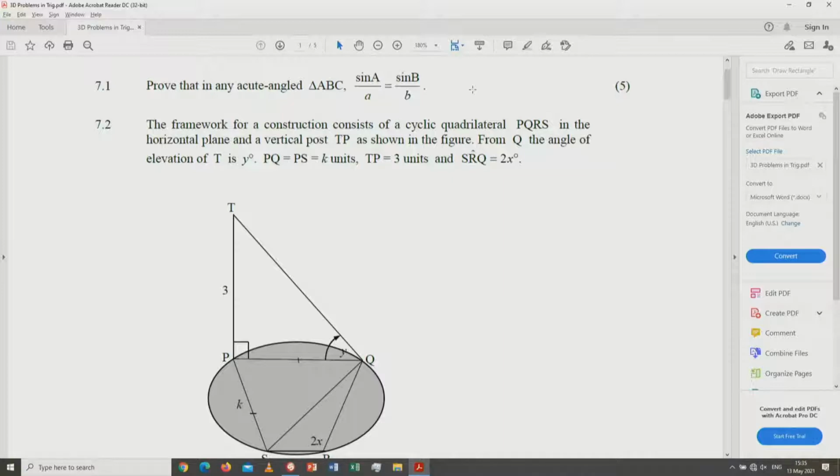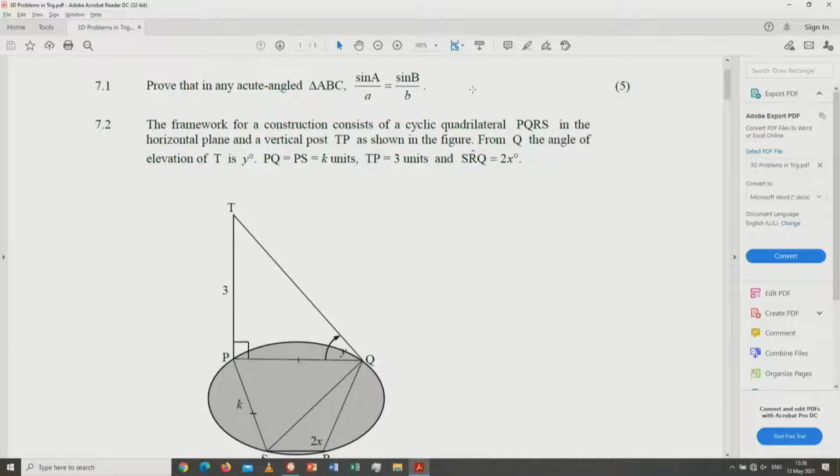Even the area rule: prove that in any acute-angled triangle ABC, the area of triangle ABC is equal to half ab sine C. If you talk of AB, then it will be the sine of angle C. If you talk of BC, then it will be the sine of A. If you talk of AC, then it will be the sine of B. It's an example of the proof type of questions, part of the bookwork.